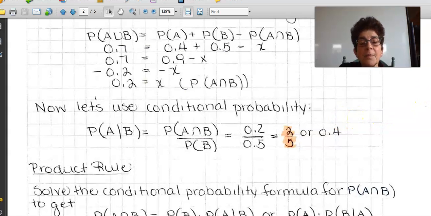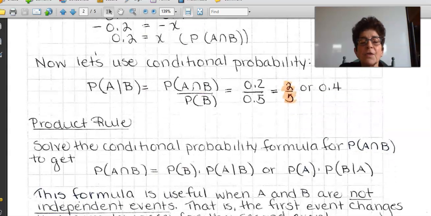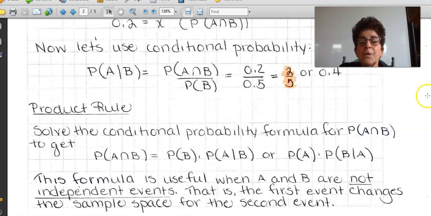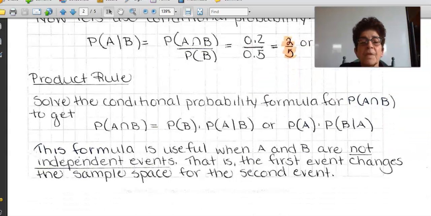This conditional probability rule can also be multiplied out to give you the probability of event A and event B happening. So suppose I start with this conditional probability formula over here.